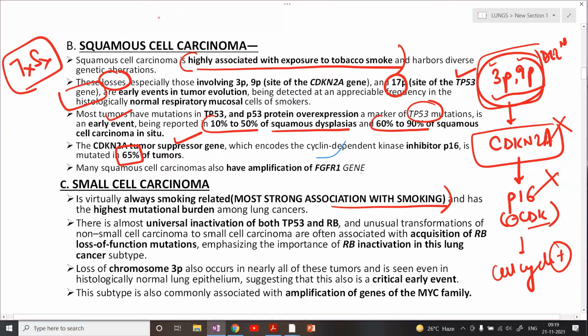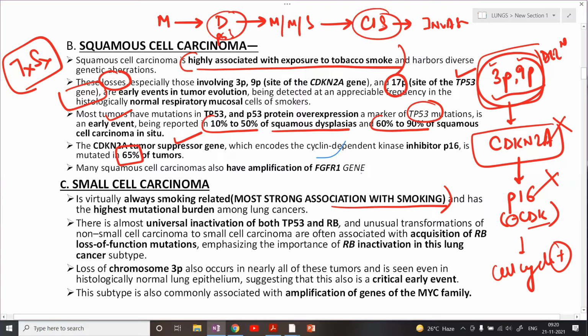First there is metaplasia, followed by dysplasia of different degrees, mild, moderate, severe, then carcinoma in situ, that is full thickness tumor, and after that invasive carcinoma. So the TP53 mutation starts at this level. It is seen in dysplastic epithelium as well as in situ carcinomas, and is present in the majority of invasive carcinomas as well.